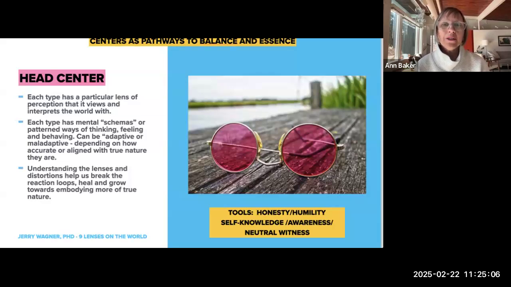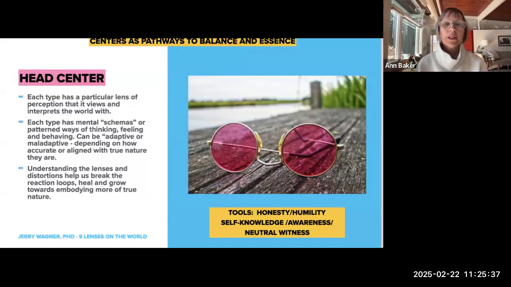So really understanding your lenses, and the distortions that we all have in how we perceive the world, can really help us break those reactivity loops. You can have several people in a room and everybody's experiencing things differently. Why is that? We all have one piece of it, but is anyone really seeing the whole picture?